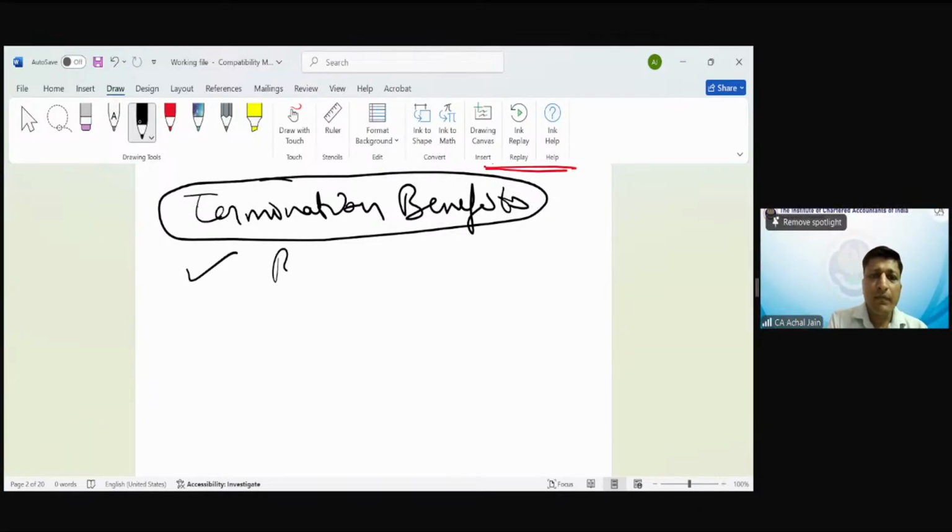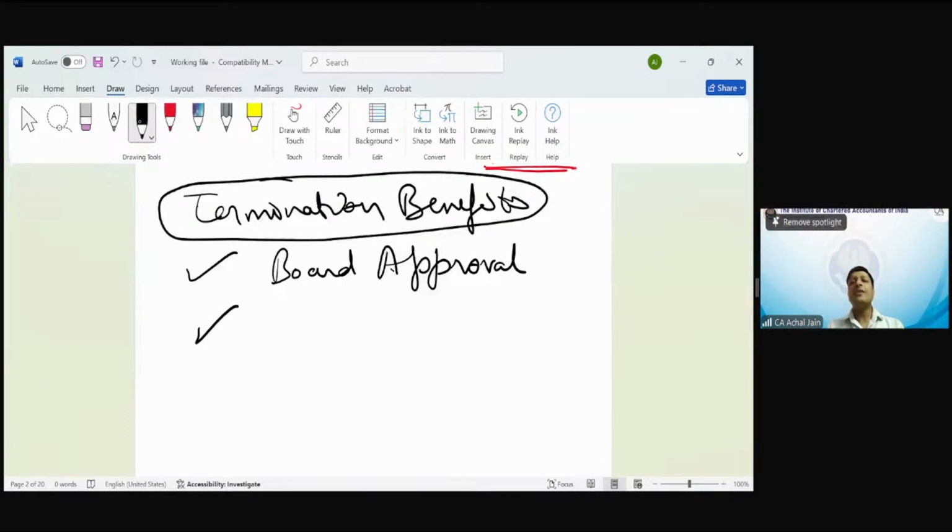It means it's documented and it's clearly approved. Second, this has to be communicated to the employees and the employees should have accepted this. It should not happen that there's a scheme or a plan of the company that has not been communicated to the employees.